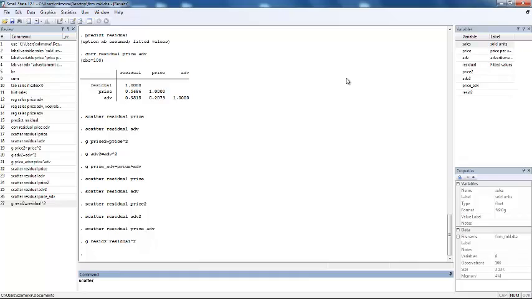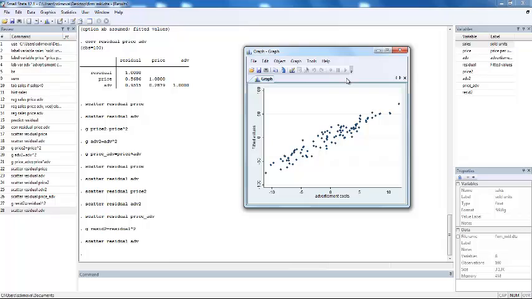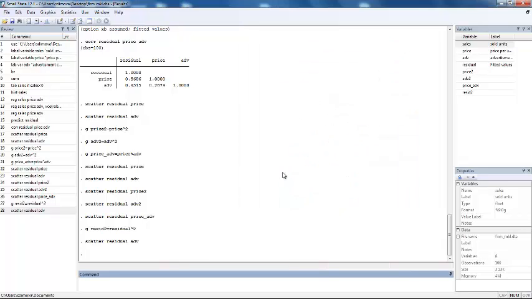And now we can repeat the exercise from before. So this is again the scatter of the residual with advertising. Now we want the scatter plot of the square term of the residual.